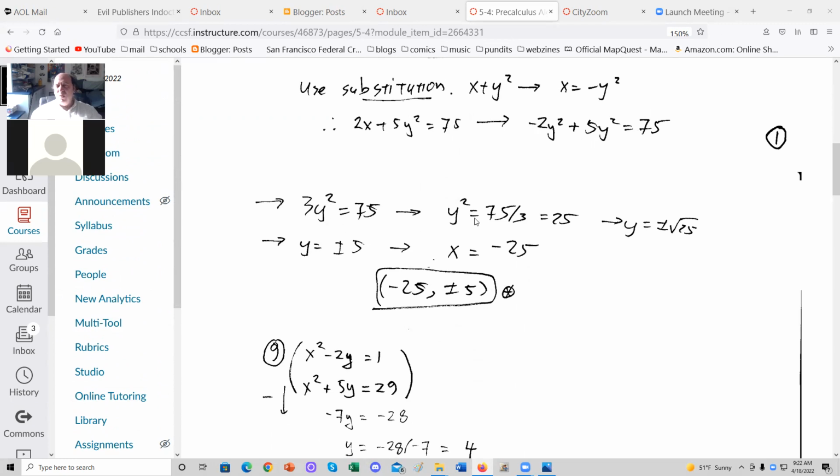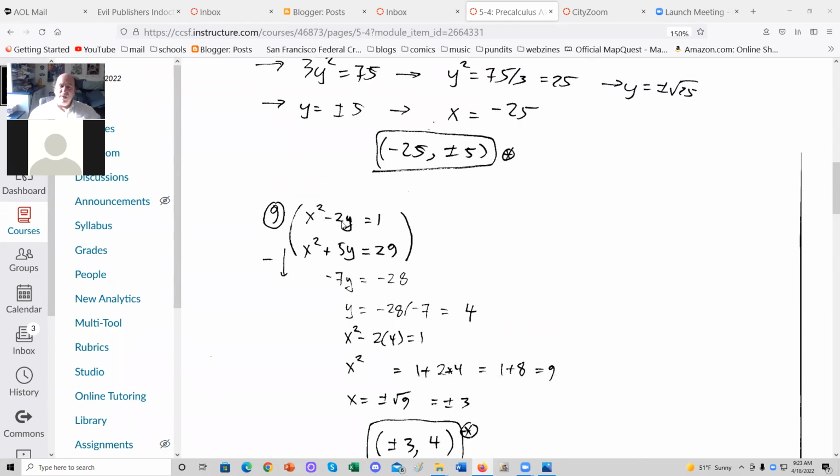Divide by 3, y squared is 25. Square roots, y equals plus or minus root 25, so y is plus or minus 5. And then x is negative y squared, so the opposite of plus or minus 5 squared is negative 25. So here are the two solutions: negative 25 by 5 and negative 25 by negative 5.